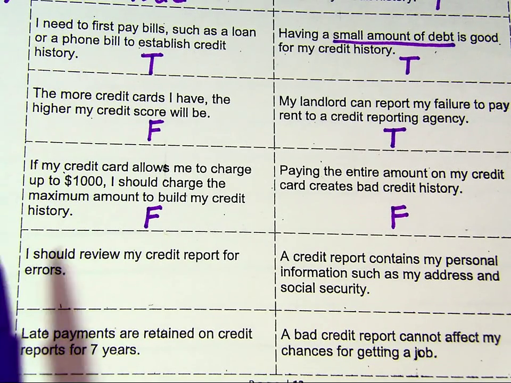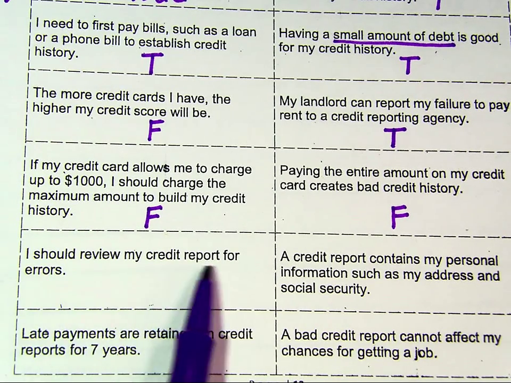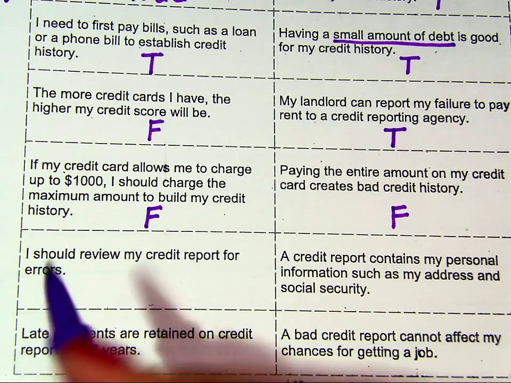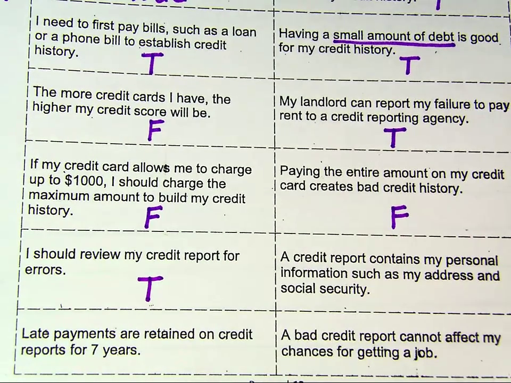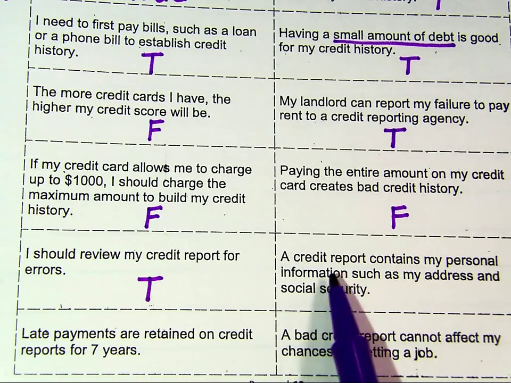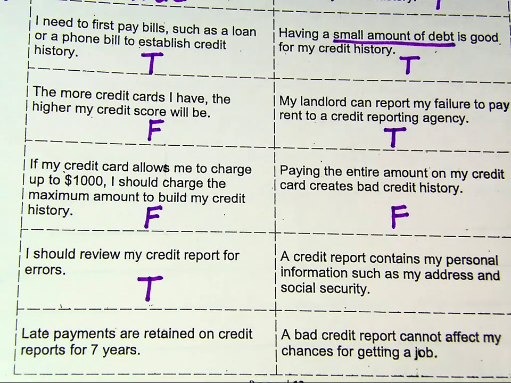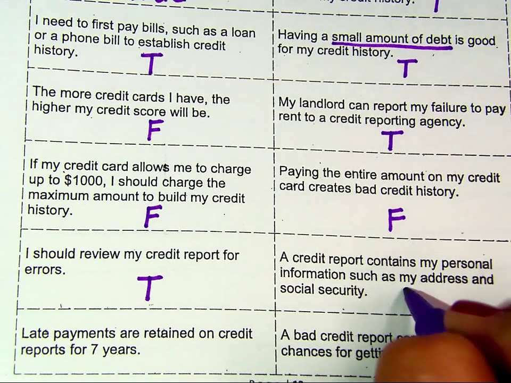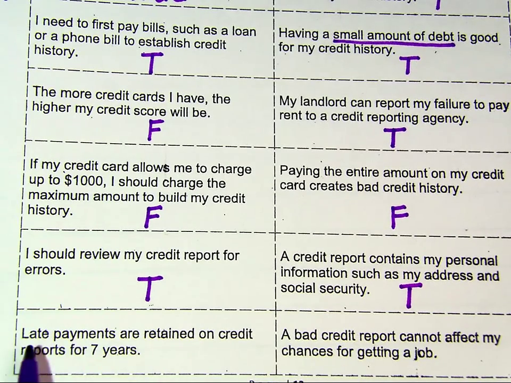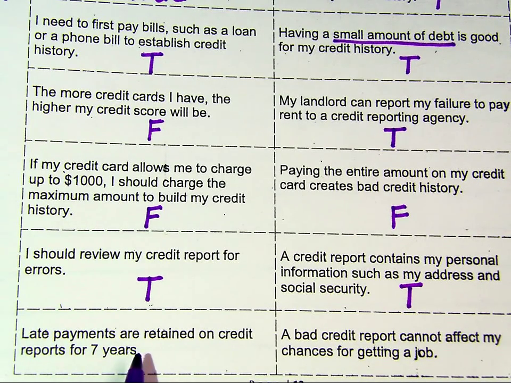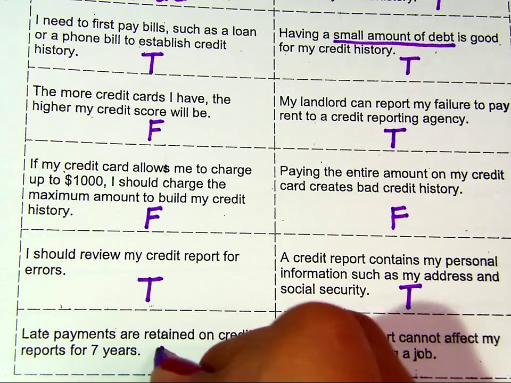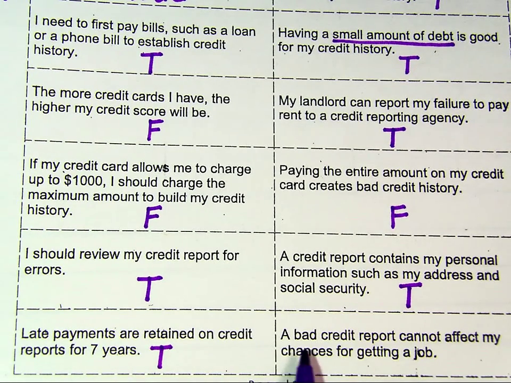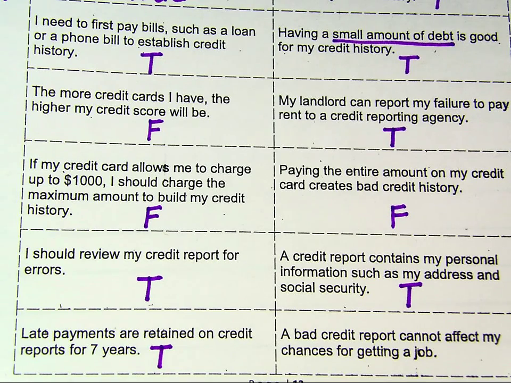I should review my credit report for errors. That is true. We heard that on the video as well. A credit report contains my personal information, such as my address and Social Security. That is true. Late payments are retained on credit reports for 7 years. True. And the last one says, a bad credit report cannot affect my chances for getting a job. That is false.